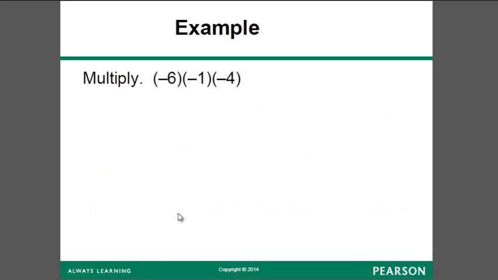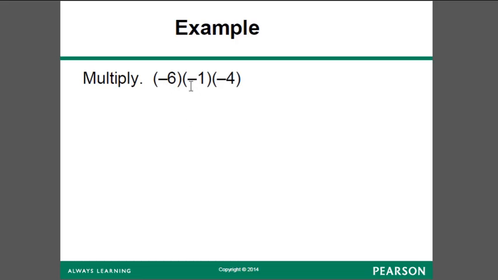Let's look at this example. -6 times -1 times -4. Going back to our order of operations, remember that we do multiplication in order from left to right.